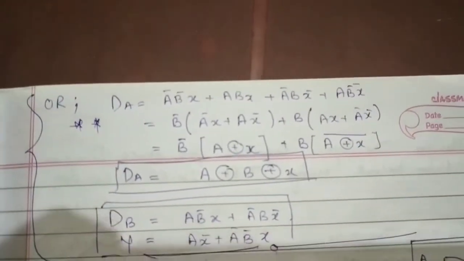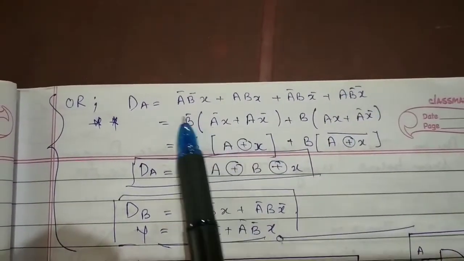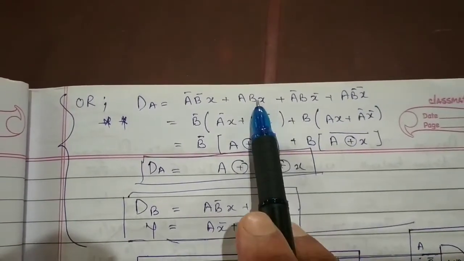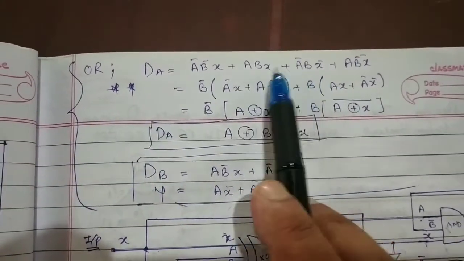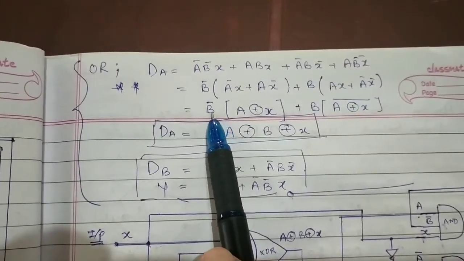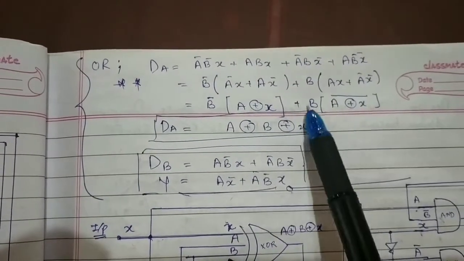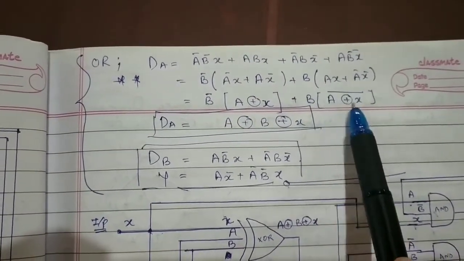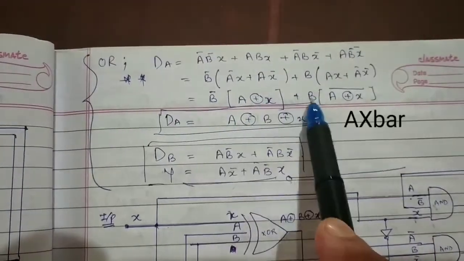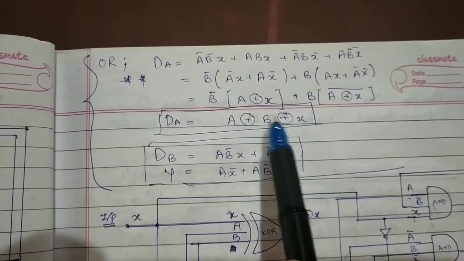DA can be simplified as we'll take B bar as common from this term and this term. We get A bar X plus B X bar, and we'll take B common from this term and this term. We get A X plus A bar X bar. So we can write this as B bar (A XOR X) plus B (A XOR X) whole bar. So this is in the form of A bar X plus B X bar. So we can write DA is equal to A XOR B XOR X.